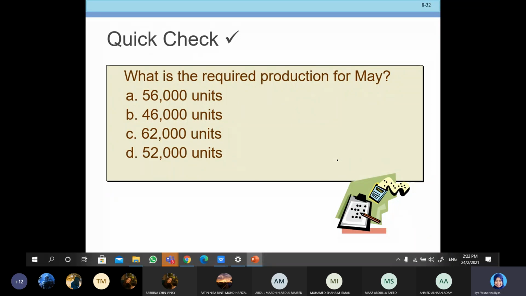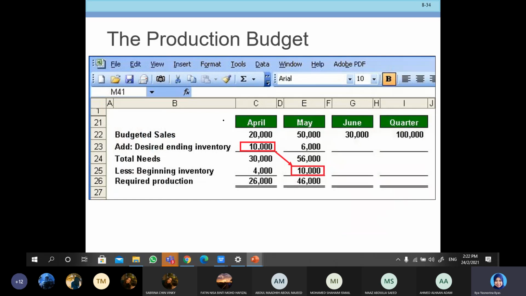We calculated 46,000. So it will bring down here 10,000, the ending inventory in April brought forward into May as your beginning inventory. How do we get this 6,000? Anyone know how we get this 6,000?